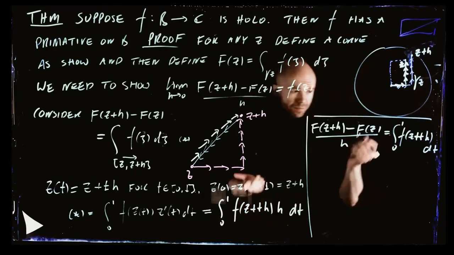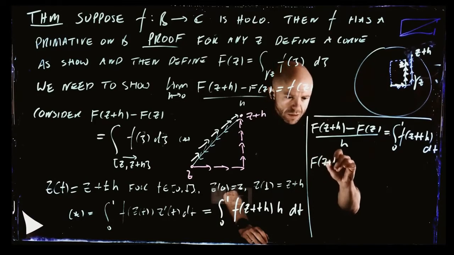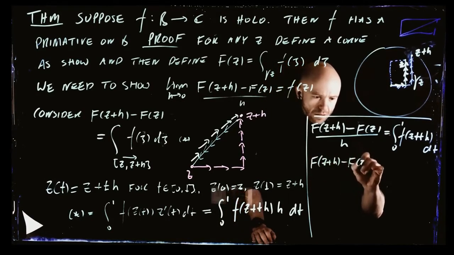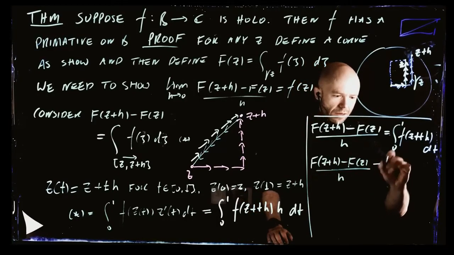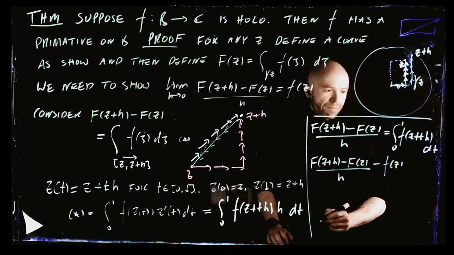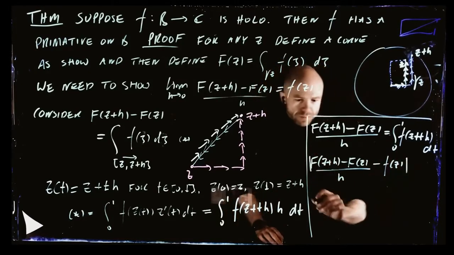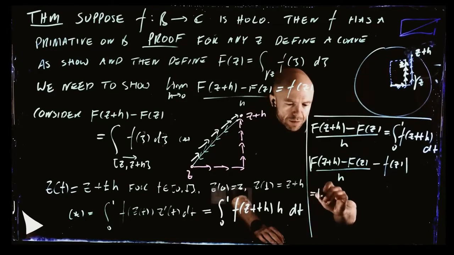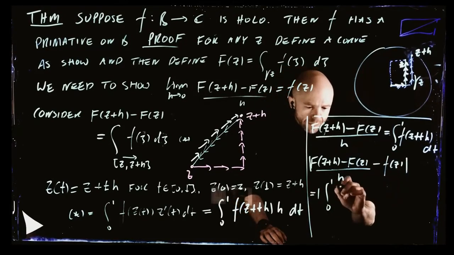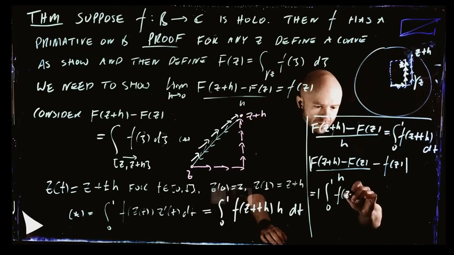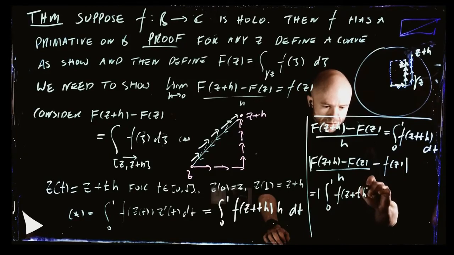Cool. So if we want to look at the difference between f of z plus h minus f of z over h minus little f of z, well, that's the same as the absolute value of the integral from 0 to 1 of this guy, f of z plus t times h.